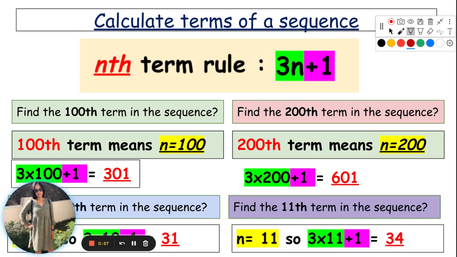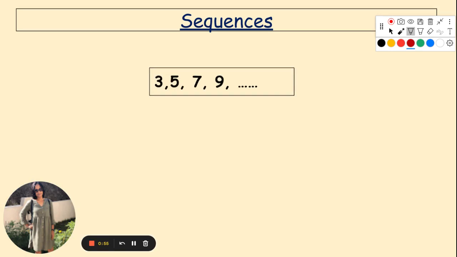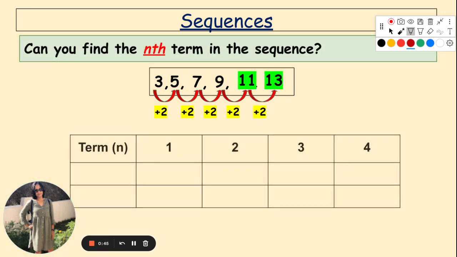Similarly, I have also made another sequence here. You can see from 3 to 5 is add 2. Here I'm going to change it into a table again. I've made it into a table for the nth term rule. I've put in my terms. And then because it's increasing by 2, I'm going to put the 2 times table there.